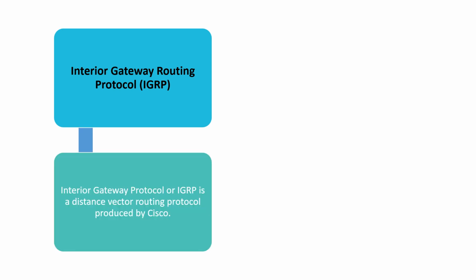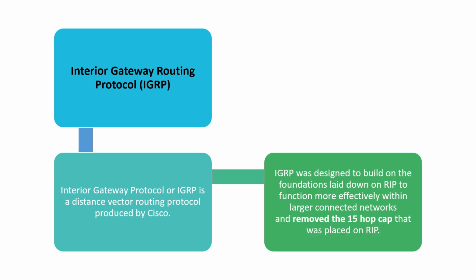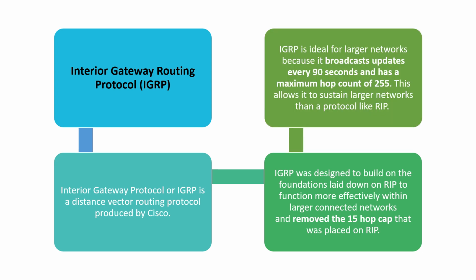That is interior gateway routing protocol. IGRP is a distance vector routing protocol, that is, this falls under that class 1 criteria, and this was designed to build on the foundations laid down on RIP, that is routing information protocol, to function effectively within larger connected networks, and remove the 15 hop count limit that was given in the RIP.